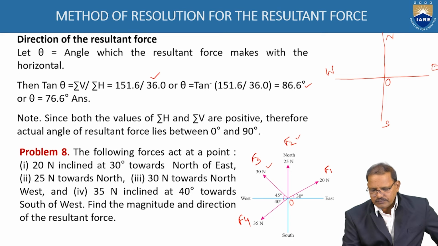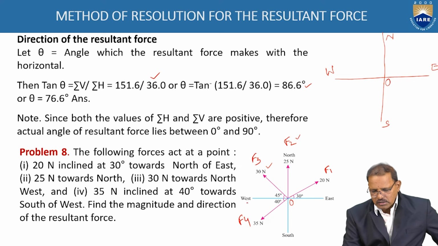Now the fourth force, 35 newtons, is inclined at 40 degrees toward the south of west. That is south and west, so it belongs to the third quadrant as shown in the figure. So by reading the problem, first of all identify the directions of forces F1, F2, F3, F4.